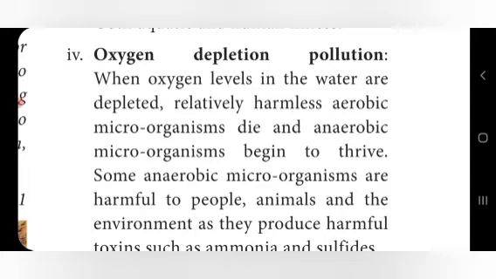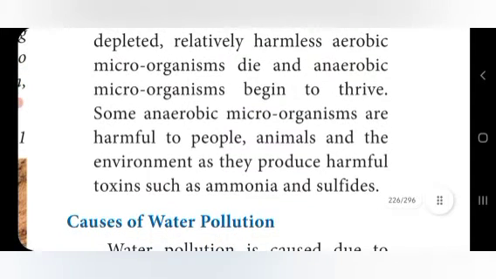Some anaerobic microorganisms are harmful to people, animals and the environment, as they produce harmful toxins such as ammonia and sulfates. So the ammonia and sulfates may be harmful to human beings and also animals. It will damage the environment totally.